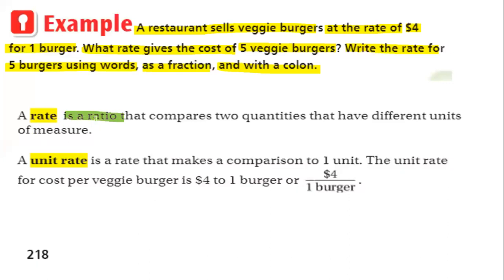So the rate has the same meaning as ratio that compares 2 quantities. We know that about ratio. That have different units of measure. So this is a different thing in rate. A rate compares between 2 quantities, but they have different units of measure.